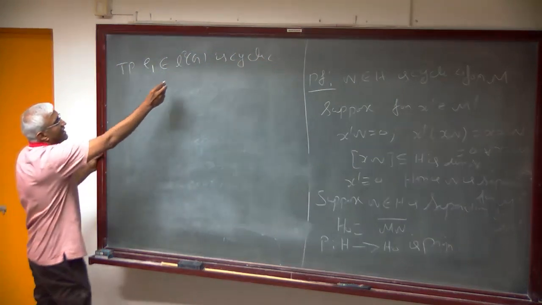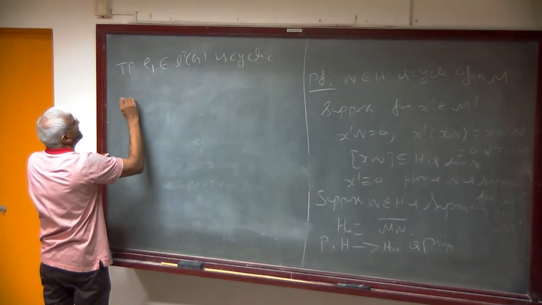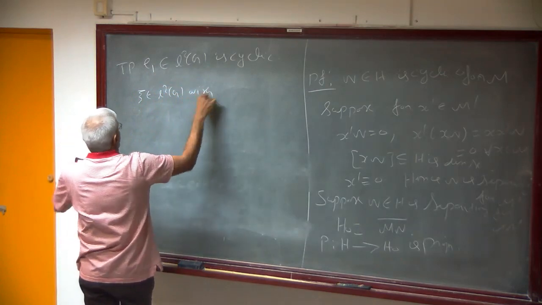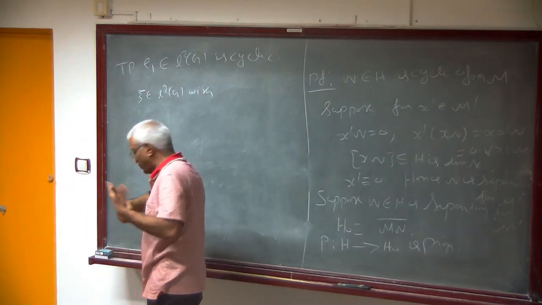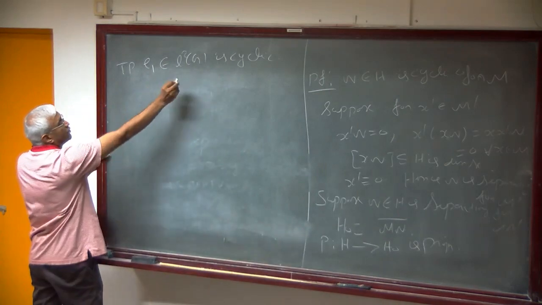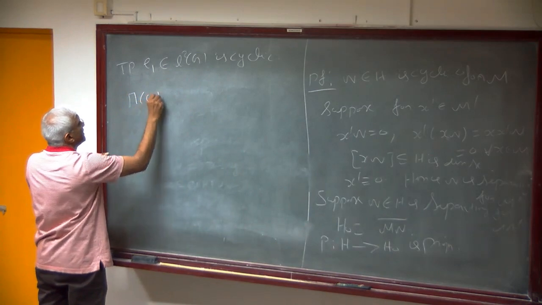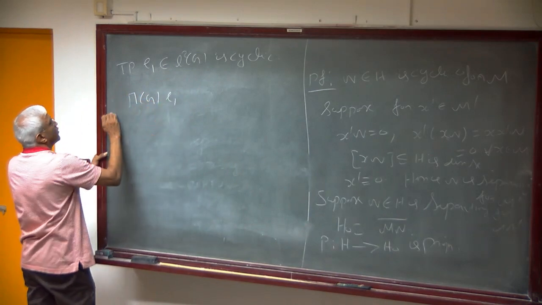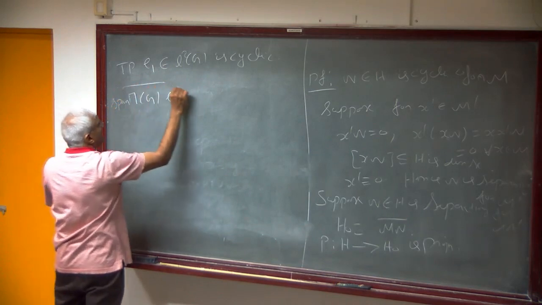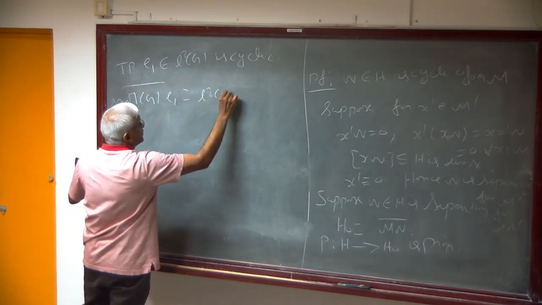You take any finite vector, if you have a xi in L2G. To prove this is cyclic, you have to prove that the closure of the span of gamma G e1 equals L2G. This is what you want to prove.